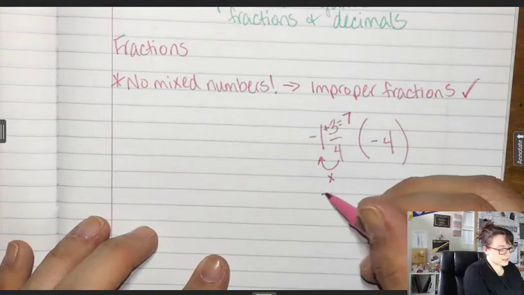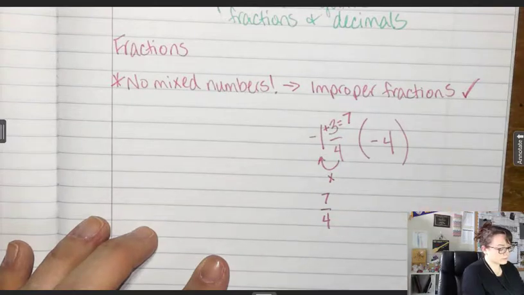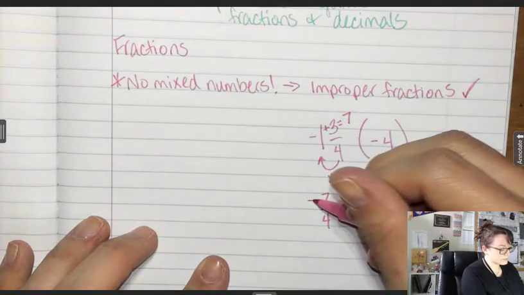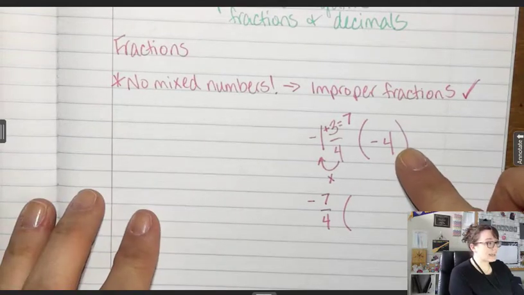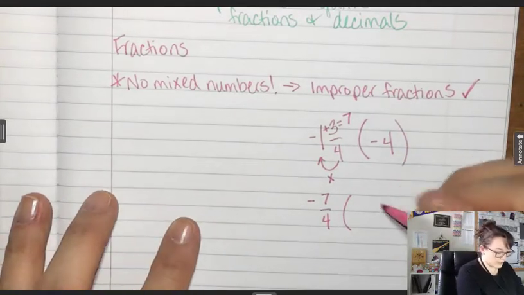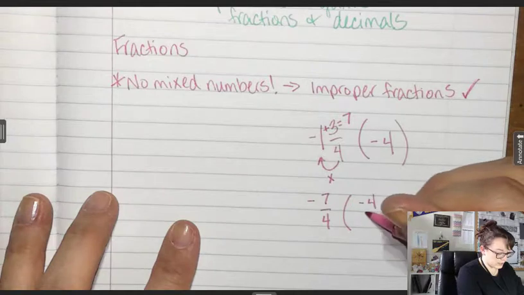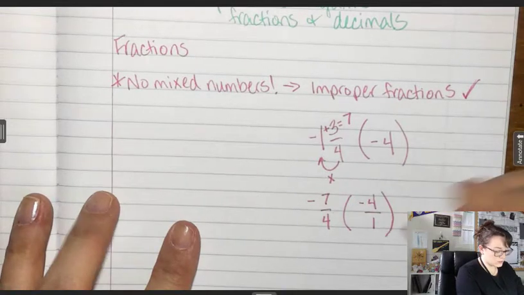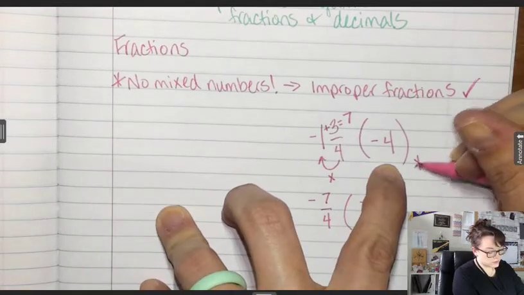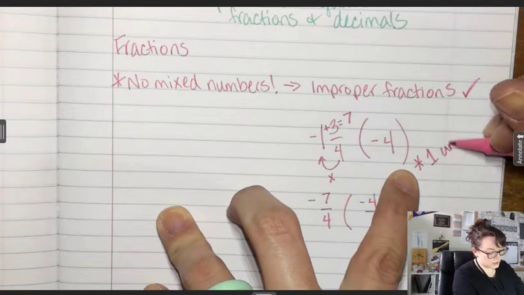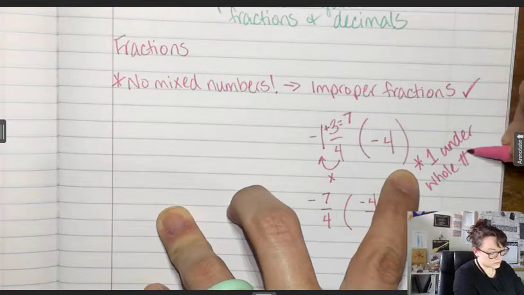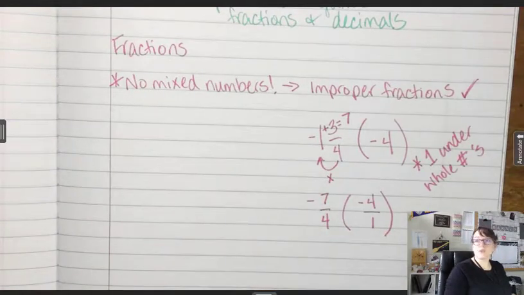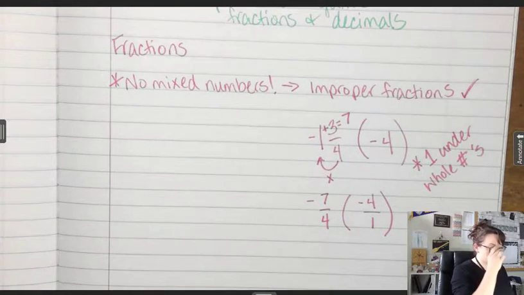So this is going to be 7/4, and it was a negative, times, what do I do with this? I can't have a whole number. Put a 1 under it. So that's going to be -4/1. There's a 1 under all whole numbers.